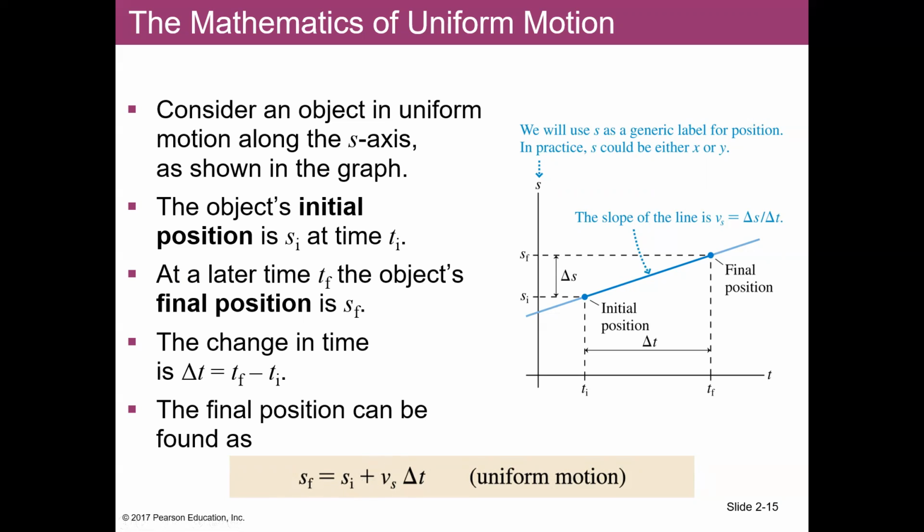I would recommend you use zeros and ones in the subscript, or possibly even zeros, ones, and twos if you have more than one characterization of motion. This is a key feature of your problem solving. Once you identify that the model is uniform motion, you instantly know that for the period of time in which the motion is uniform, this is the equation that you're going to be using.